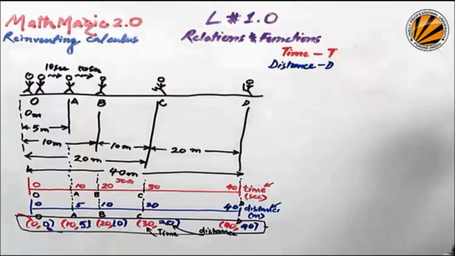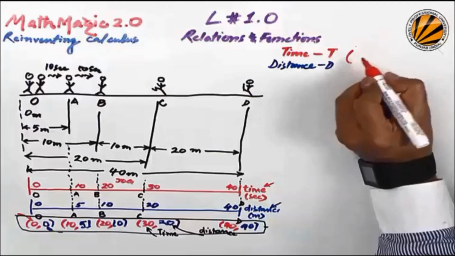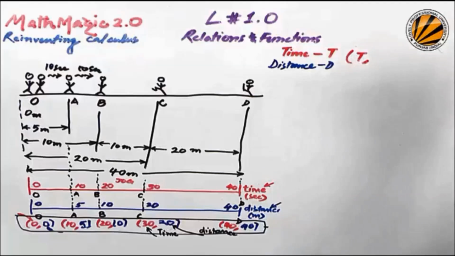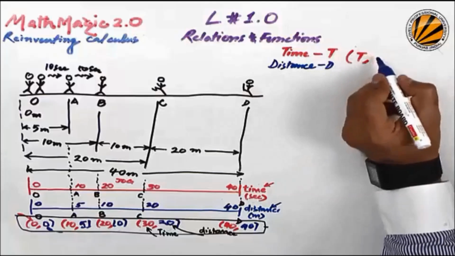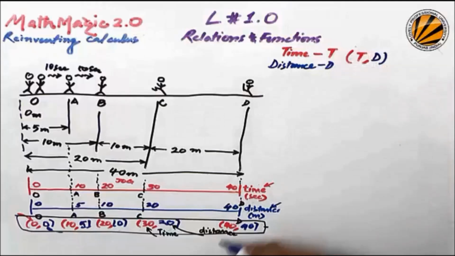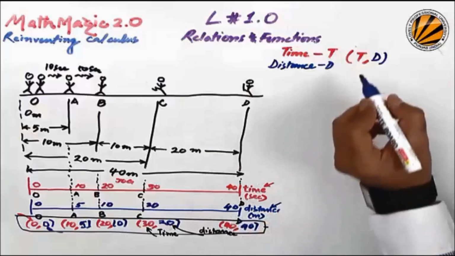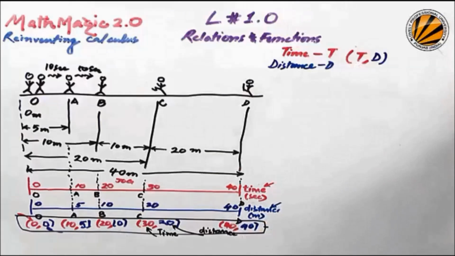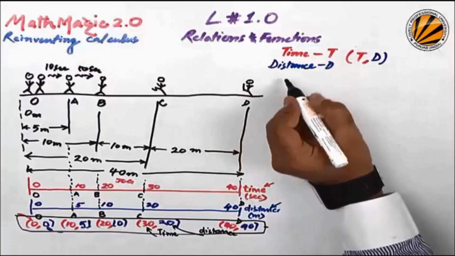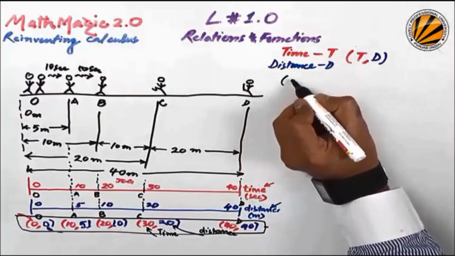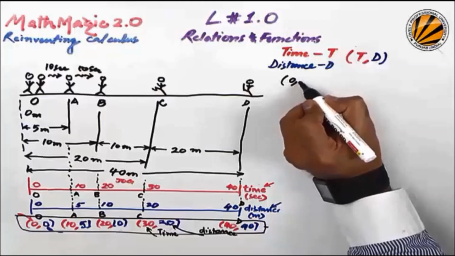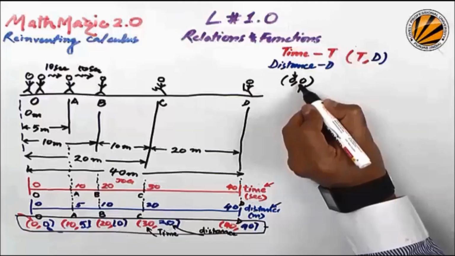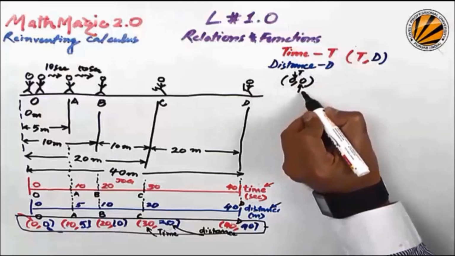We saw that there is a combination which we created, a time and then a distance, as we have seen here. Looking at these combinations, at the very starting point, the time was 0 and the distance was 0.